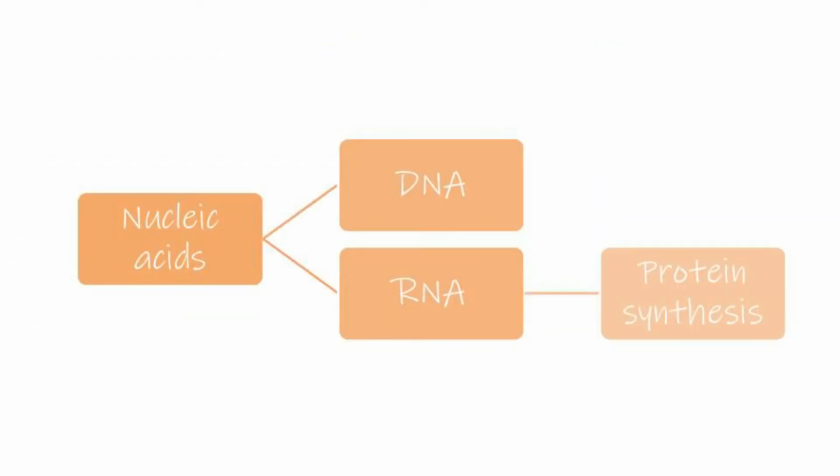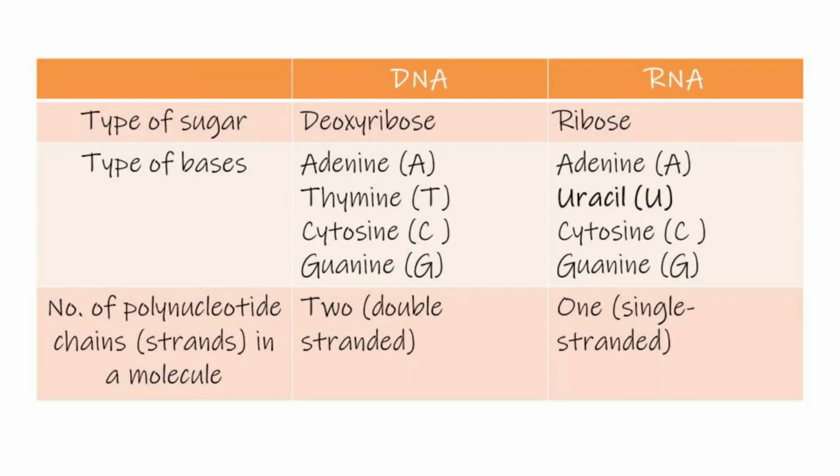Although both DNA and RNA are included as nucleic acids, they have some differences in their composition. For example, DNA has deoxyribose as a type of sugar, while RNA has ribose as a type of sugar.